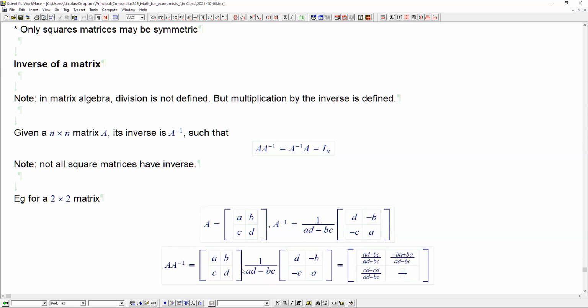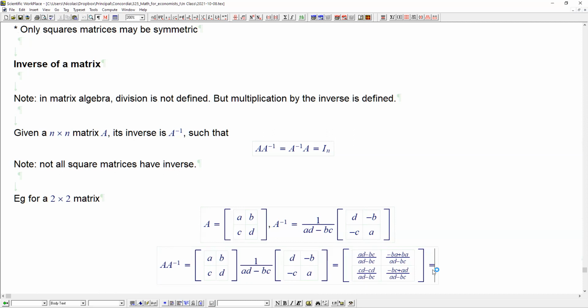Then fourth element, A minus B times DA. So, oh no, sorry, C minus B, yeah. Minus BC. Plus AD divided by AD minus BC.